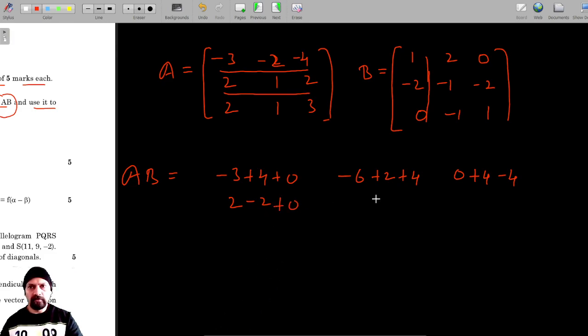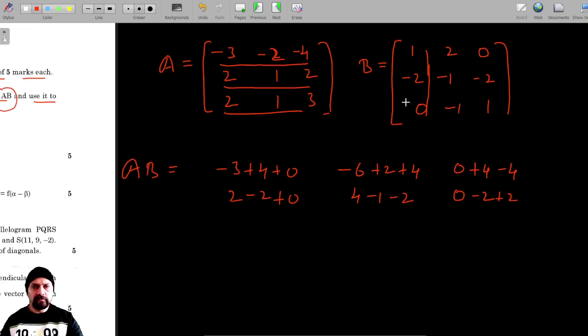So plus 0. Now 2 into 2 is 4, 1 into minus 1 is negative 1, 2 into minus 1 is negative 2, 2 into 0 is 0, minus 2, and 2 into 1 is 2. Now third row and all the columns. So 2 into 1 is 2, 1 into minus 2 is minus 2, 3 into 0 is 0, 2 into 2 is 4, 1 into minus 1 is minus 1, 3 into minus 1 is minus 3, 2 into 0 is 0, 1 into minus 2 is minus 2, plus 3.